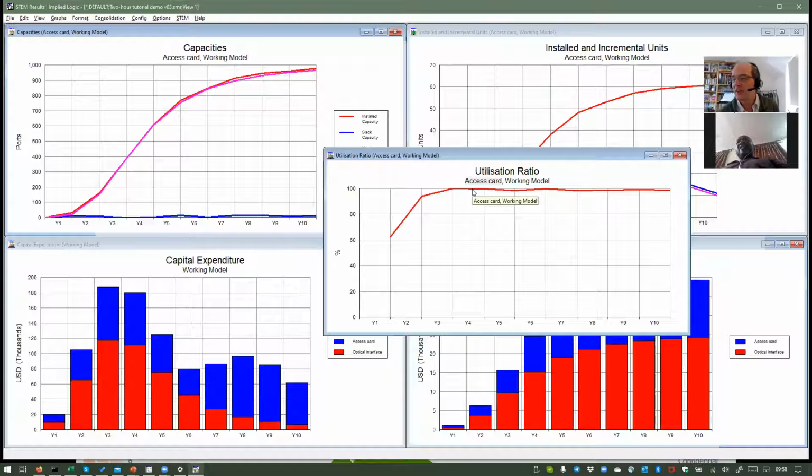But across your business, if you put in a new card at any point in time, you are likely to have about 10.